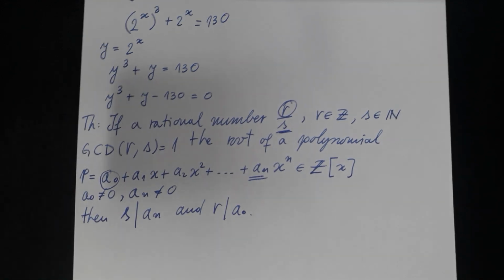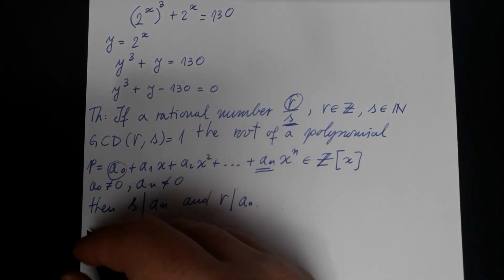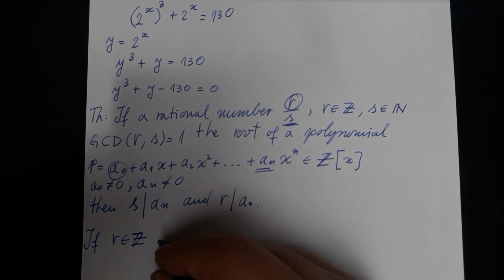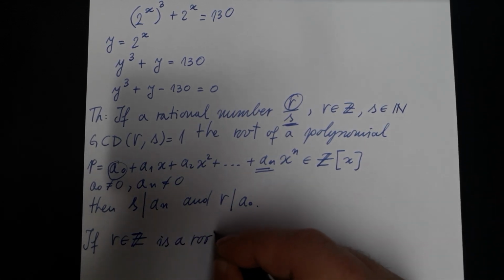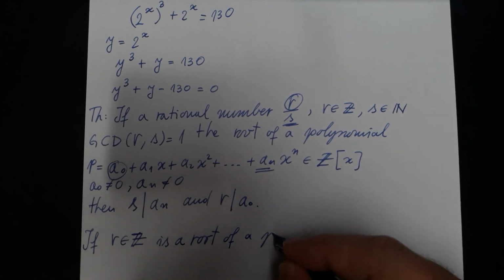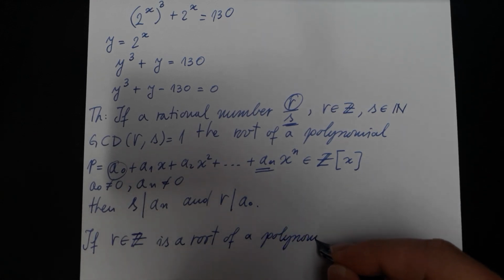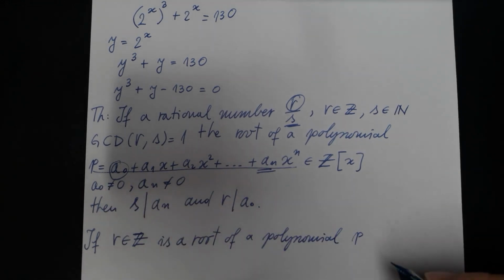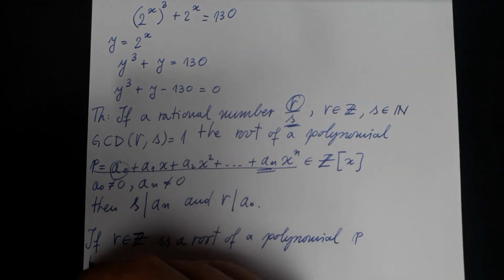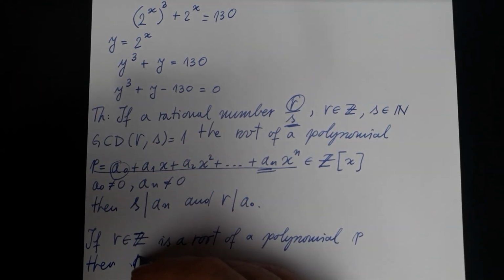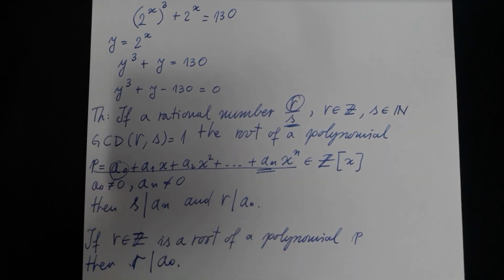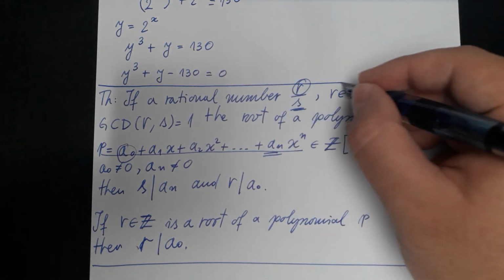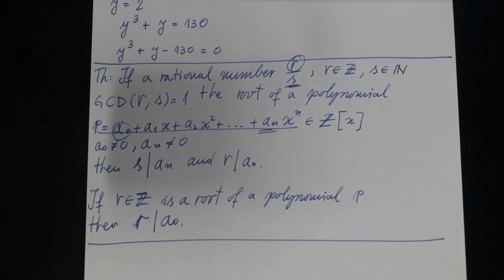Now, the operating part of this theorem, which we are going to use, states that if an integer r is a root of a polynomial p, well then r has to divide a0.